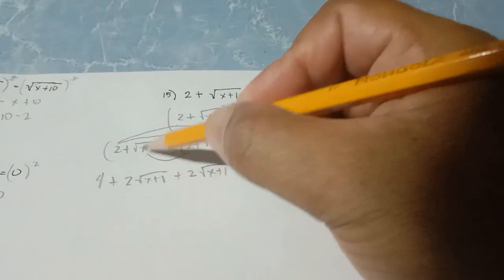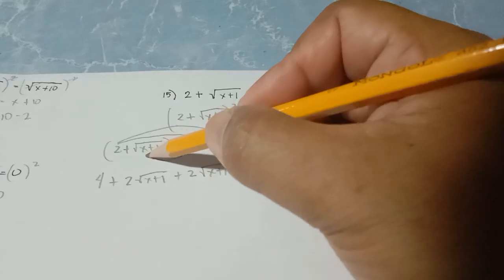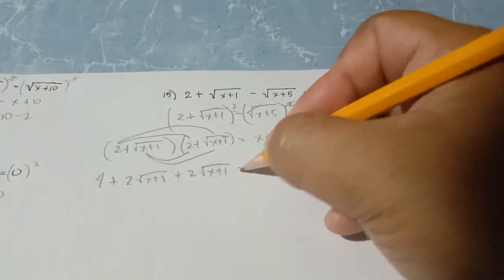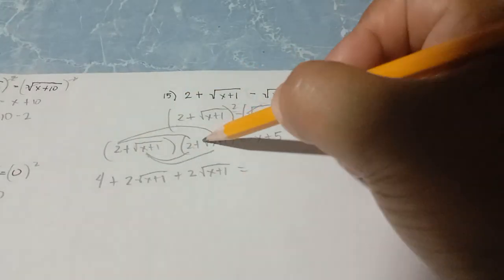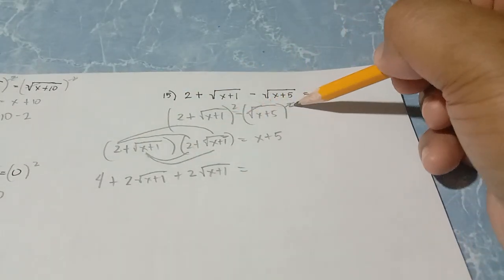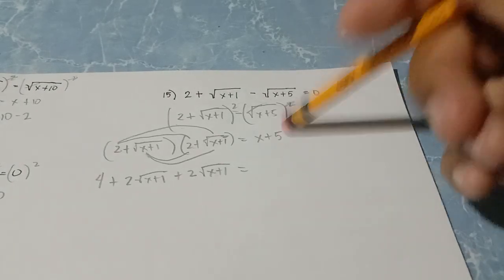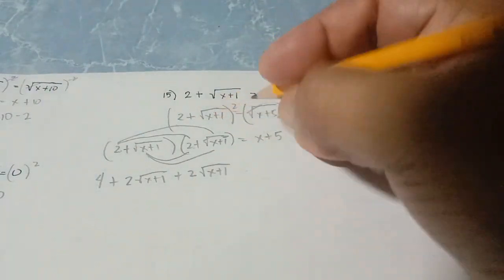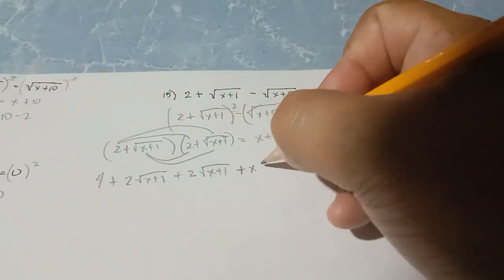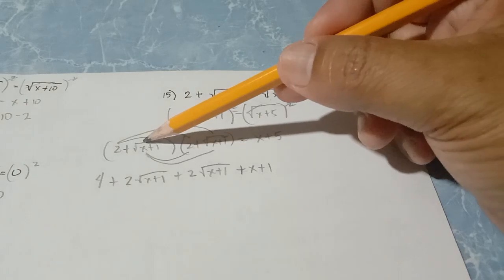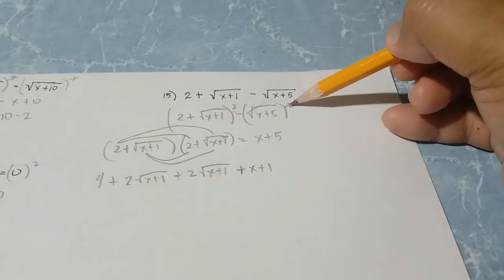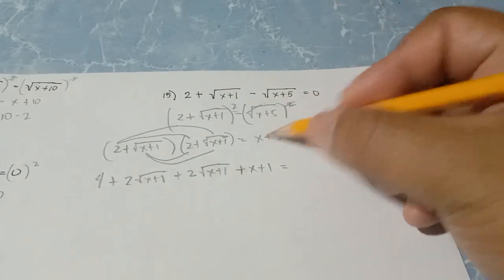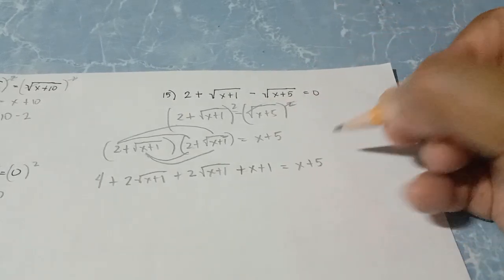And then, ito naman, the square root of x plus 1 times the square root of x plus 1. So, makakancel ko lang yung radical nun, kasi squared. Tatanggalin ko na yung kanyang radical sign. So, plus x plus 1. So, again, ito at saka ito ay in-squared lang. And then, copy ito, x plus 5.